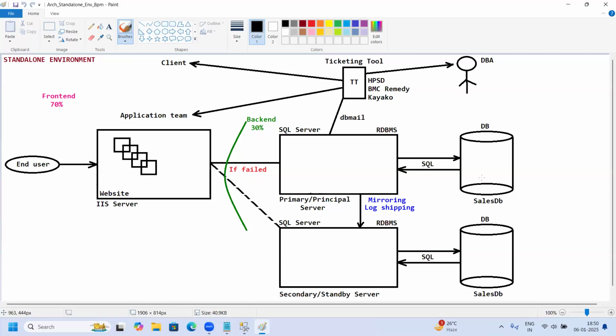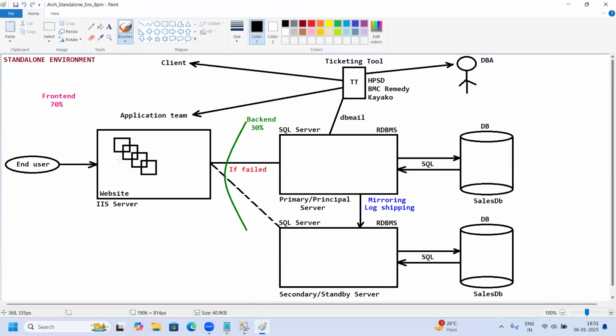What I said in this architecture is that there is one website. This website is a shopping portal. So these are web pages: page 1, page 2, page 3, page 4. It is all about a shopping portal.